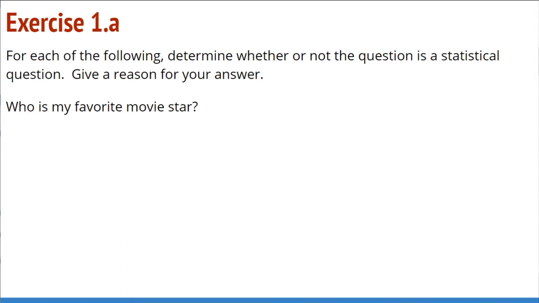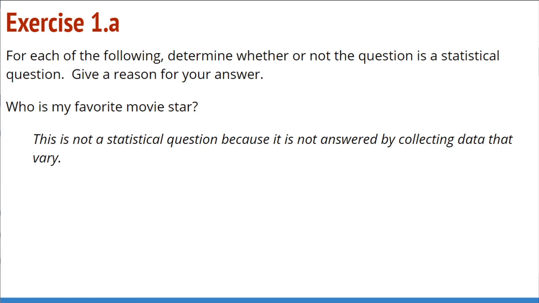Statistical question or not statistical question? This is not a statistical question. We are going to collect data. We're going to collect the name of a movie star. That is a piece of information. However, there is not going to be variability in the data. If you answer the question for favorite, there's only one answer.